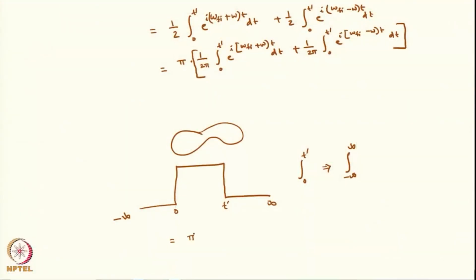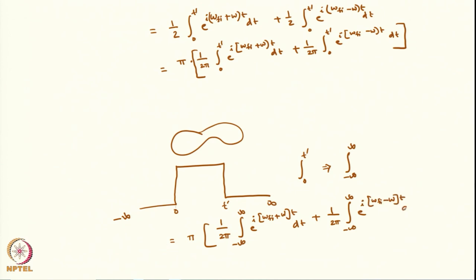So when I have done that, I can write it as pi into 1 over 2 pi integral minus infinity to plus infinity e to the power of i omega fi minus omega plus omega into t dt, plus 1 over 2 pi integral minus infinity to plus infinity e to the power of i omega fi minus omega t dt.